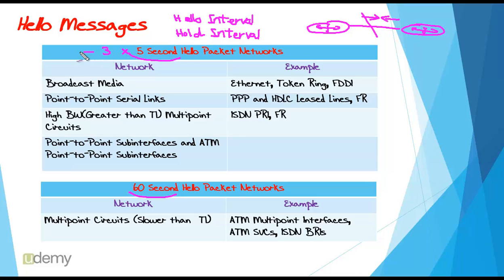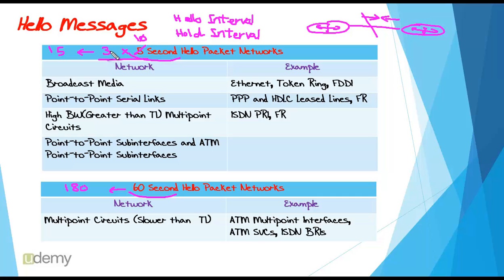So for these networks, the hold time is 15 seconds, and for these networks, the hold time is 180 seconds. Keep in mind that you could change these intervals and set them manually, but if you change the hello interval manually and, for example, change this from 5 to 10, this equation is not maintained by default.